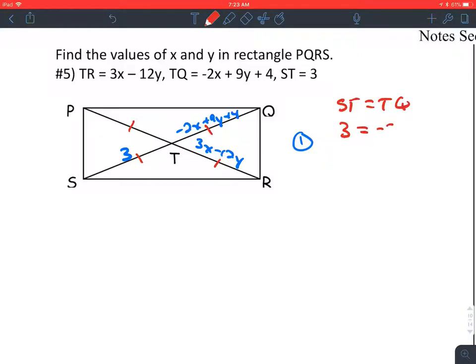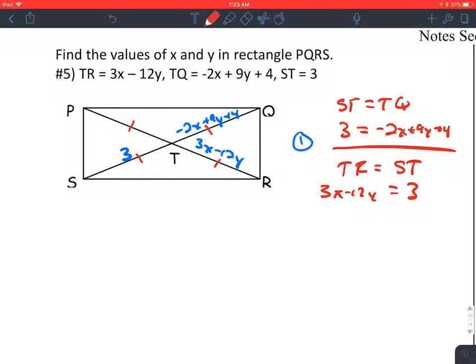ST would be 3, TQ would be negative 2x plus 9y plus 4. We could say that TR is equal to ST, so 3x minus 12y equals 3. We could also say that TQ is equal to TR, but we only need two equations.